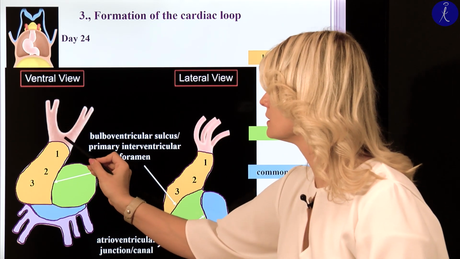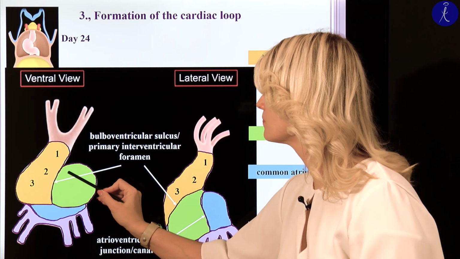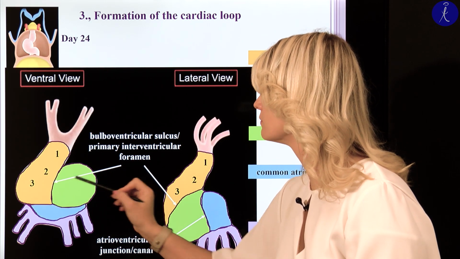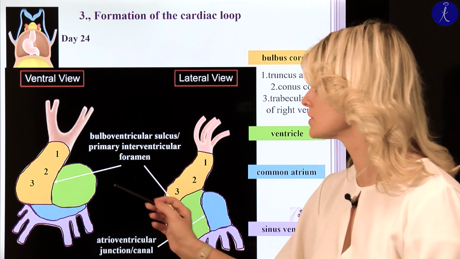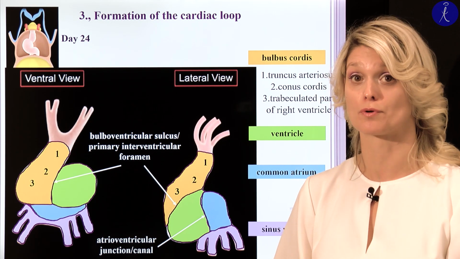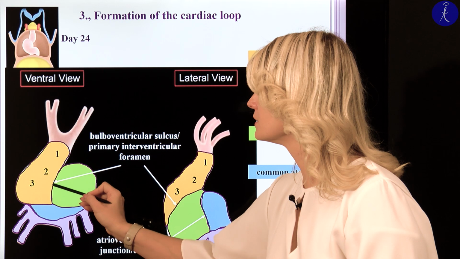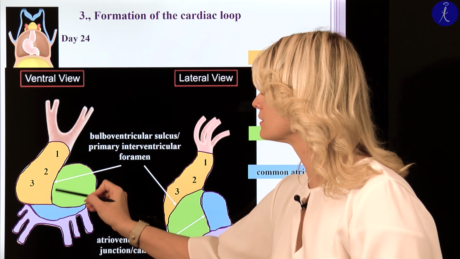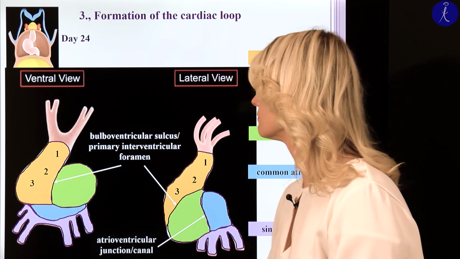It's located between the bulbus cordis and the common primitive ventricle. In this part will develop the interventricular septum. So of course, first we have the primitive, the primary interventricular foramen, but this is exactly where we have the anterior interventricular sulcus, and that is how we can separate from each other the right ventricle and the left ventricle.